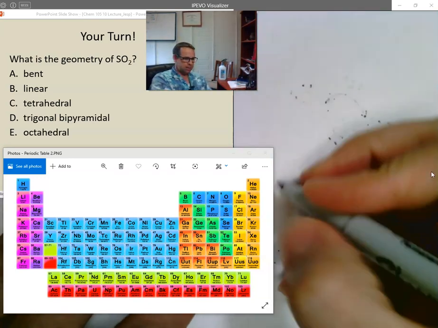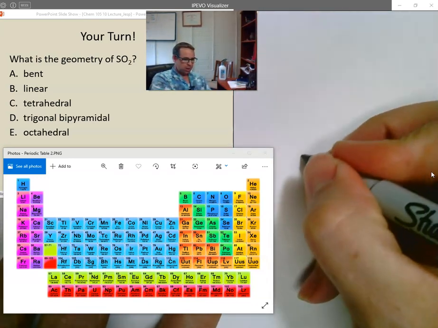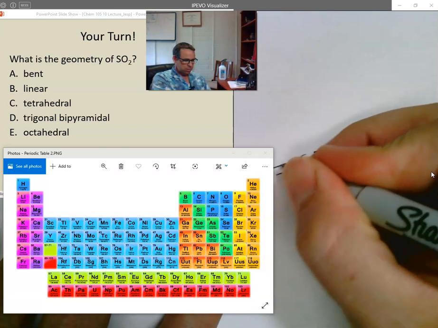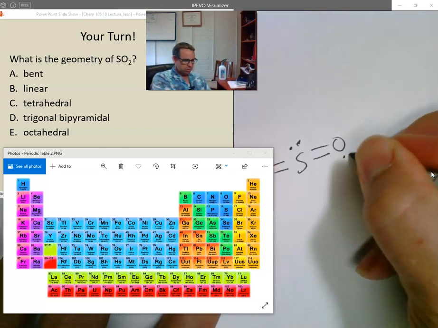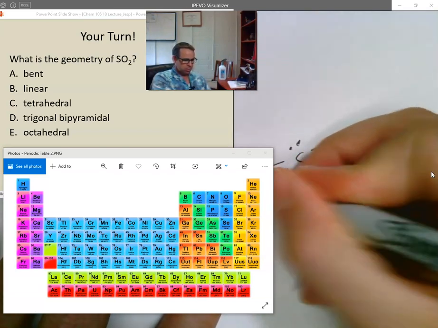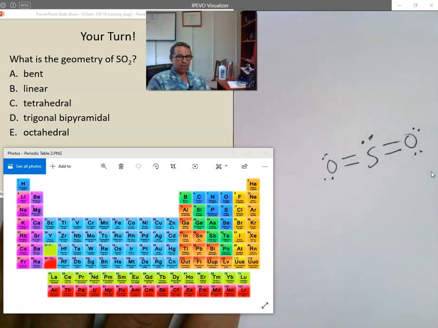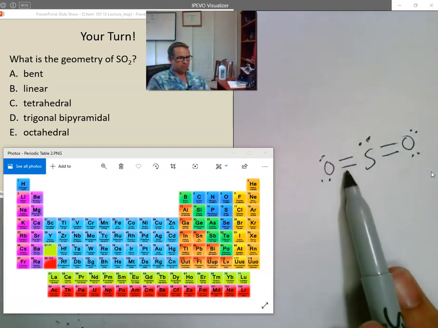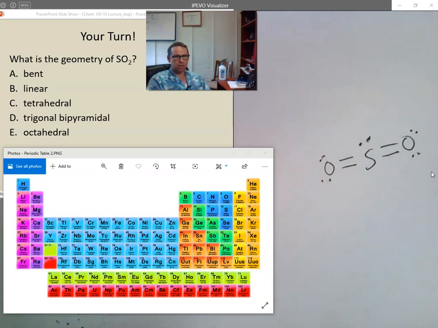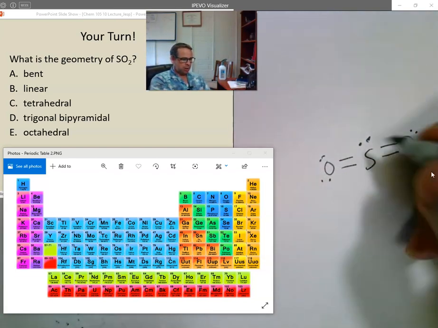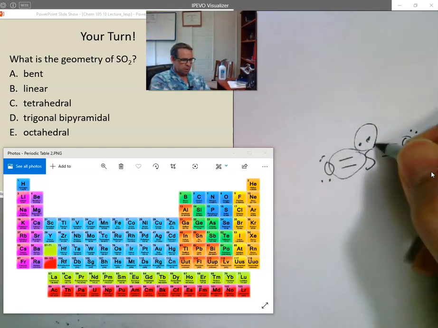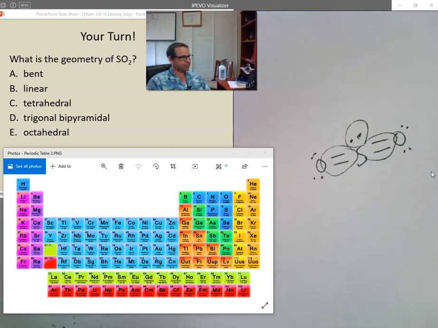Now, you know in the test, they're going to draw it like this, S, O, O, to try to make you look like it's 180 degrees between those two oxygen bonds. But it's not what it looks like how you've drawn it. It's the number of regions of electron density that decides that angle.